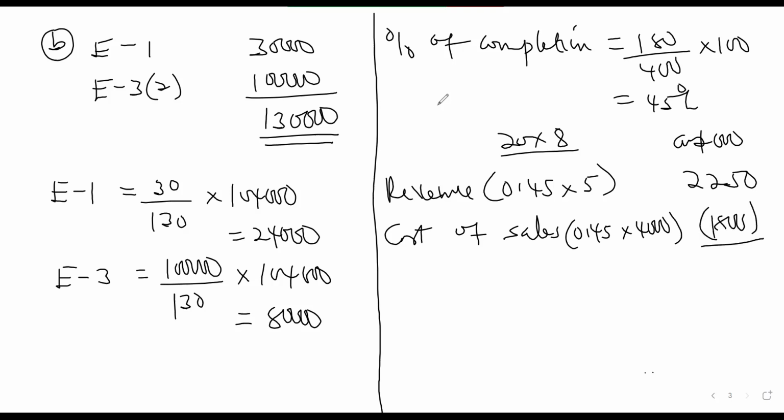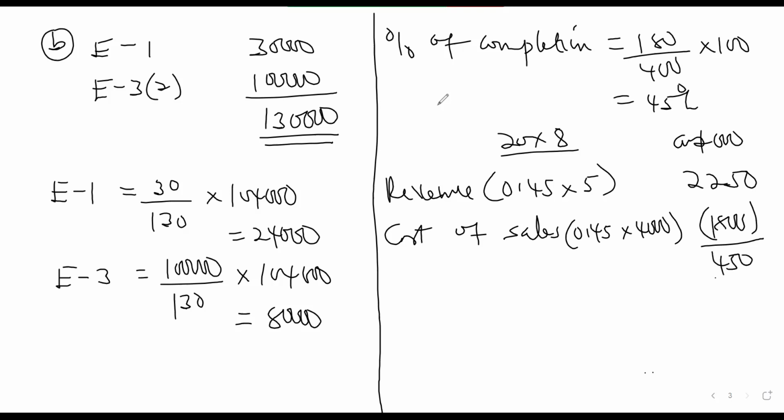If you are using the input method, the cost of sales will always be the cost incurred to date. Okay. So what is the profit on this particular contract? 450, isn't it?